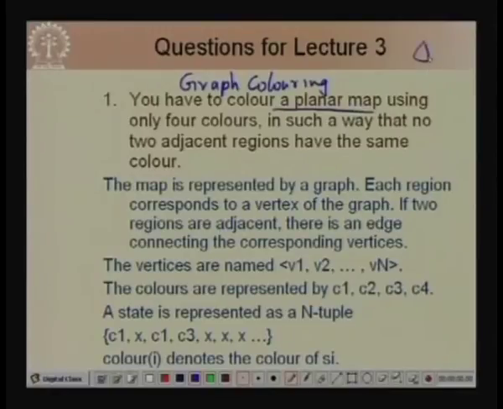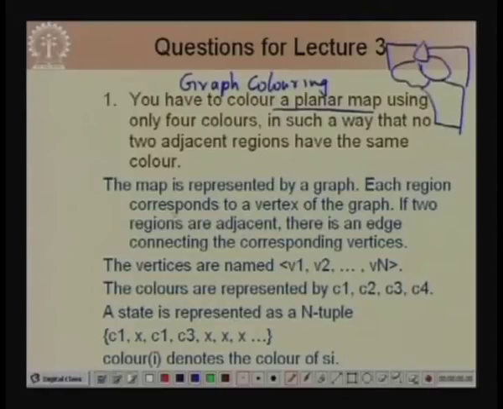All of you are familiar with maps, and in the map there are several regions. These regions may denote different countries or different states, and you have to use some number of colors to color these regions such that no two adjacent regions have the same color.